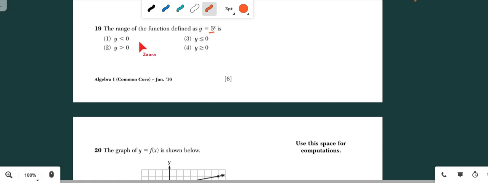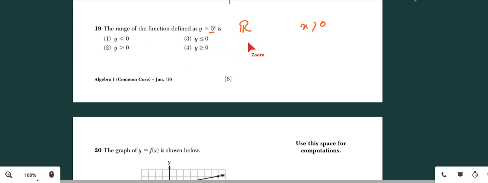Okay, this is correct. They are talking about the domain being the set of real numbers. Yeah, this is correct. So now whenever I substitute a number greater than 0, I will get the function to be increasing.